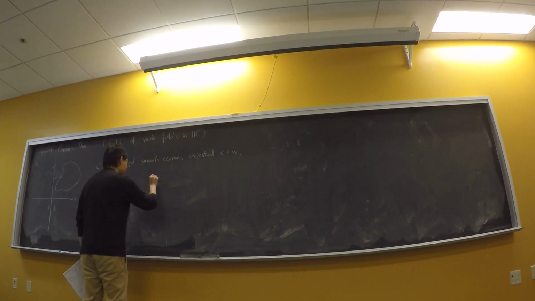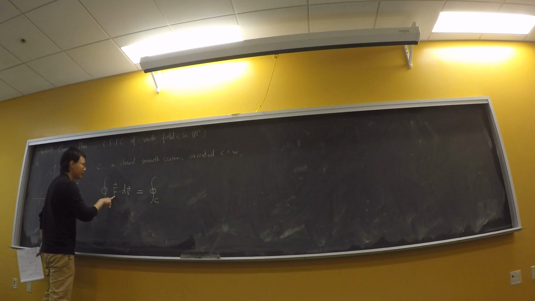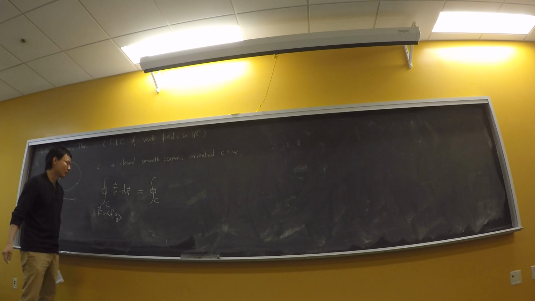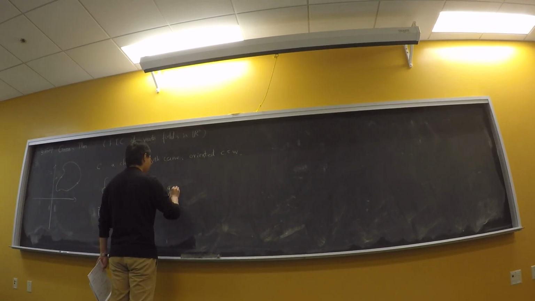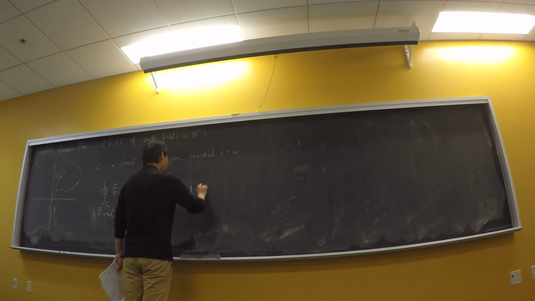So this one, first of all, I can rewrite it a little bit. So F as my vector field in R2 has two components. So my F is equal to (f, g). So I can rewrite this representation by writing f dx plus g dy.